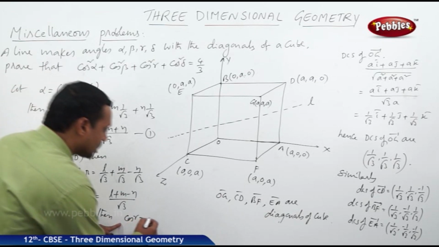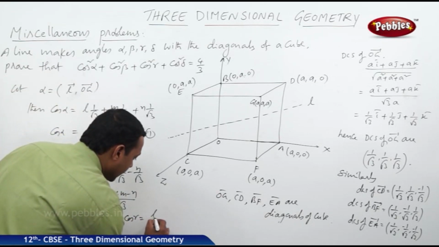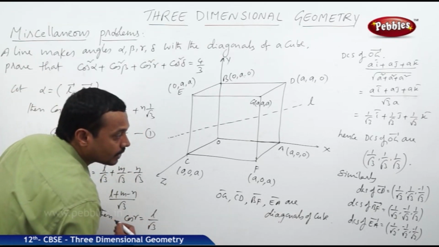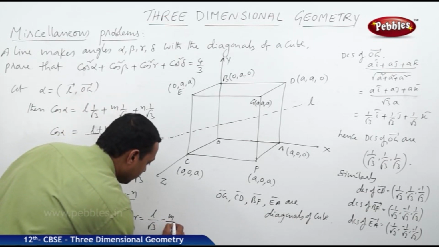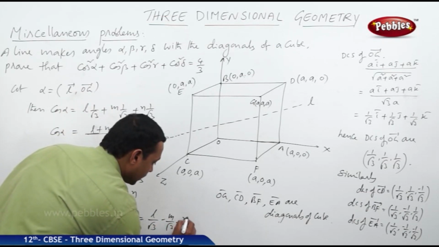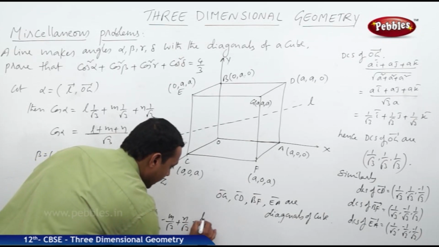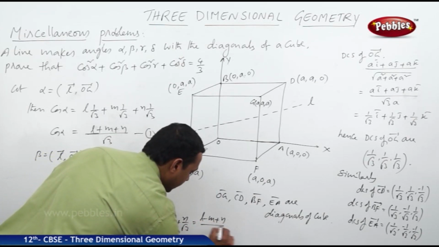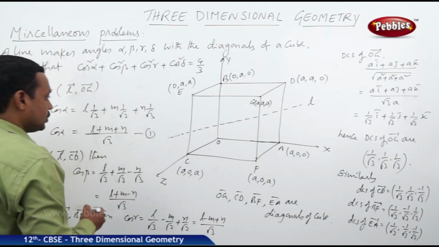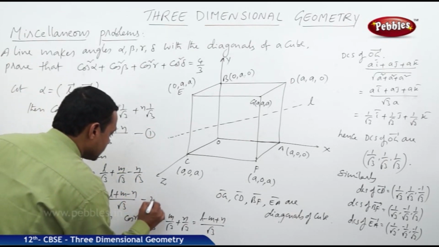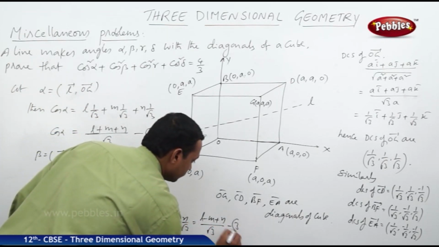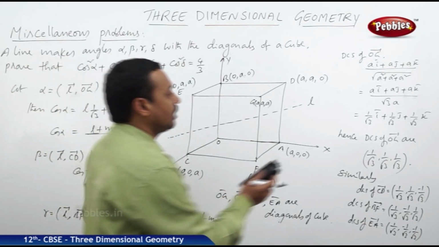So cos gamma will be l by root 3 minus m by root 3 plus n by root 3. Now this is l minus m plus n by root 3. So this is the first condition, this is the second one, this is the third one. Now I will continue here.